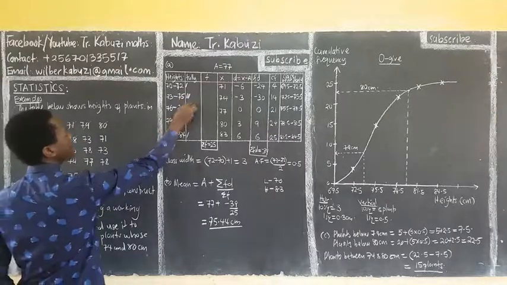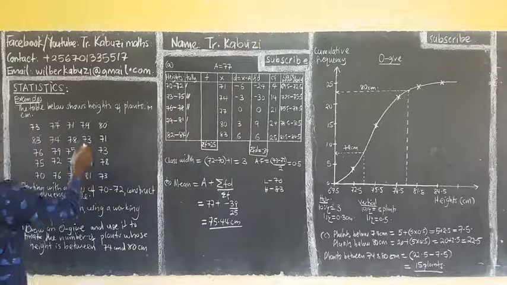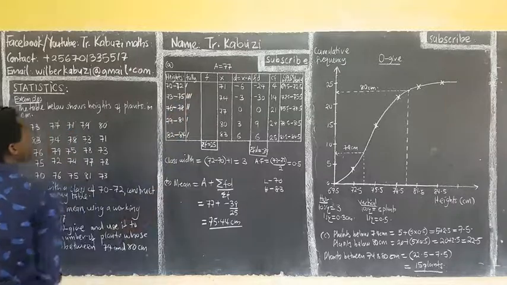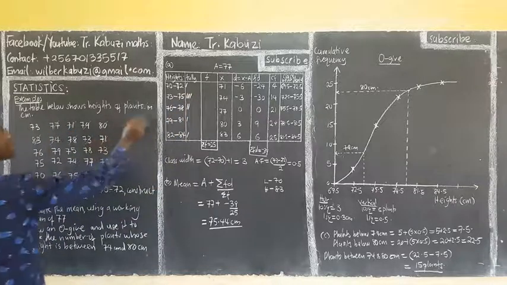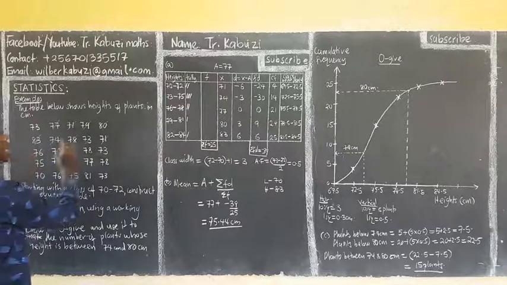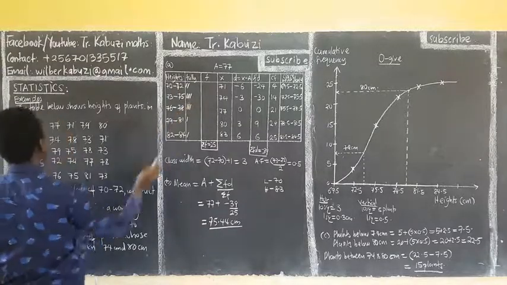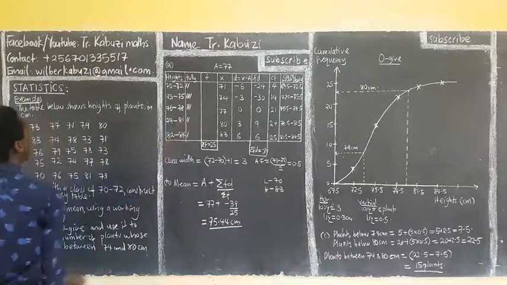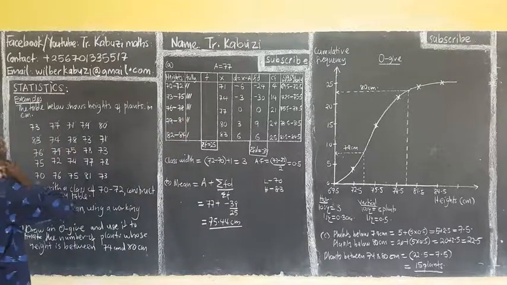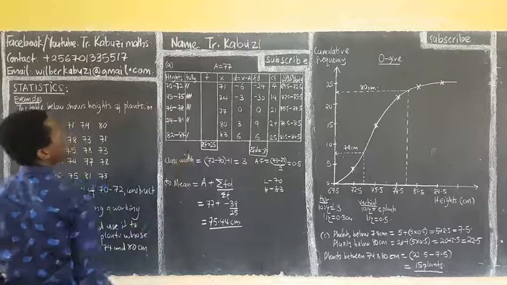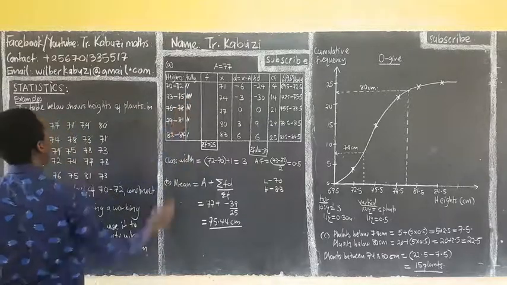is here in this class. Then 73 is in this class. Then 71 is here. 76 is in this class. 79 is in this class. 75 is in this class. Now when they are 5, you tally. This is what we call tallying. You tally them when they are 5, like that.